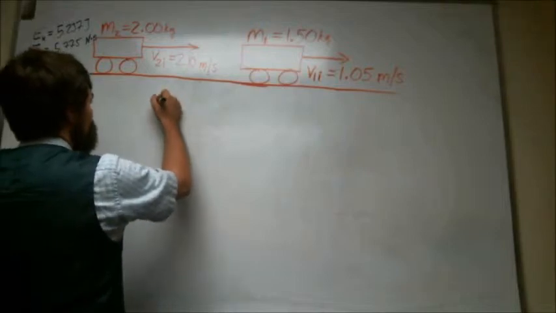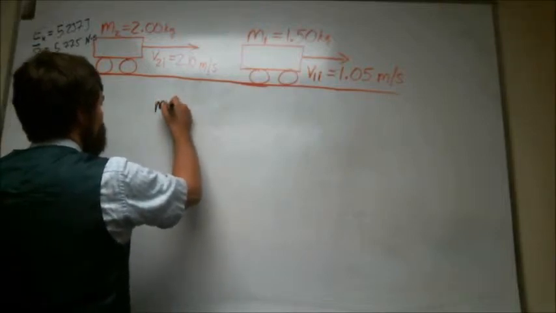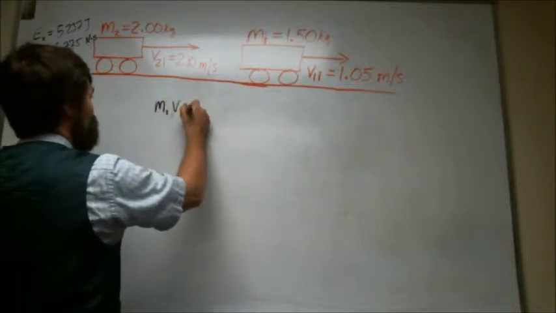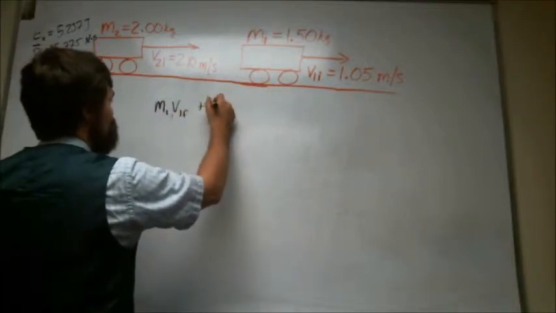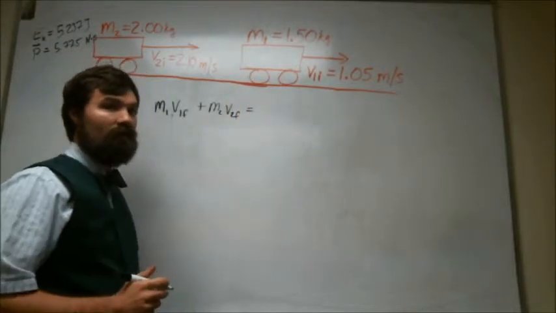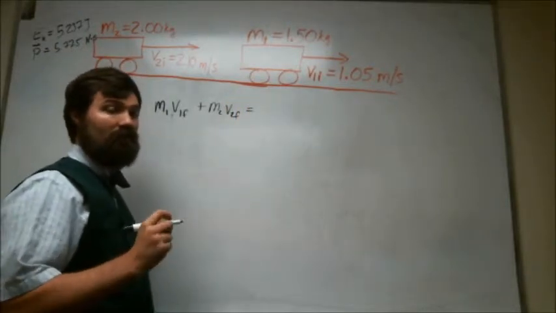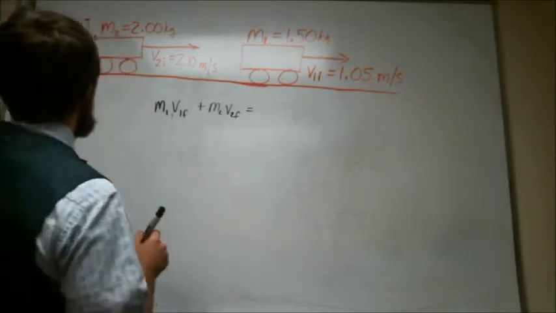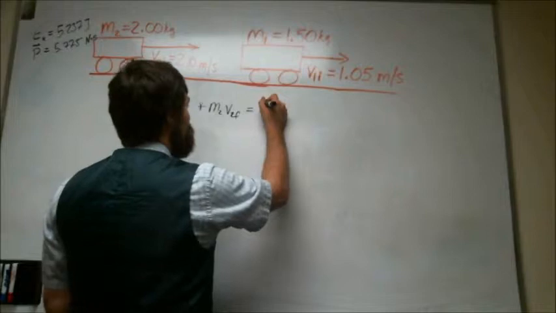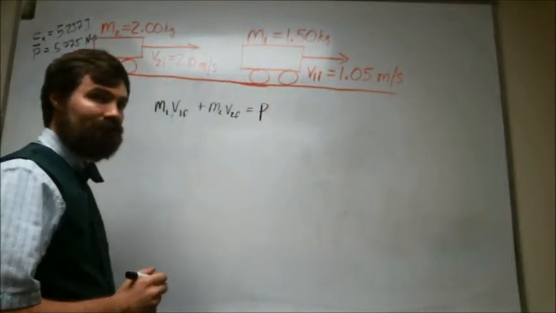And basically I note that M1 times V1 final plus M2 V2 final has to be equal to the final momentum, and that final momentum is this thing that I found before. So I'm just going to put in a P for momentum there.